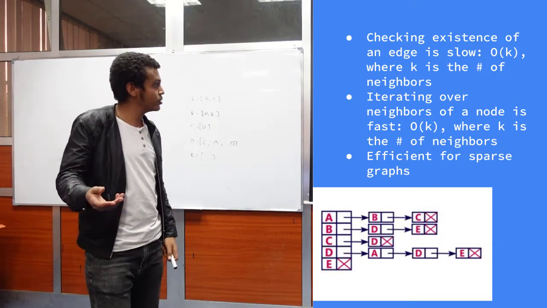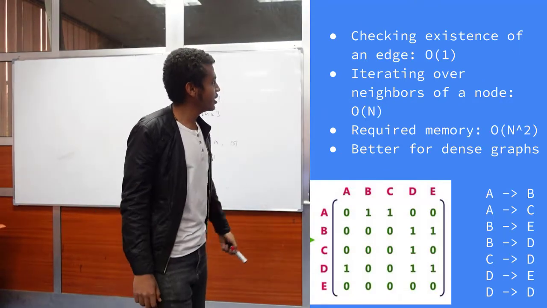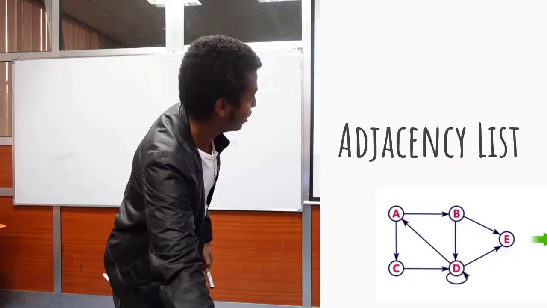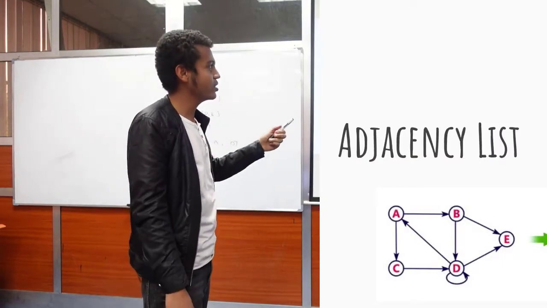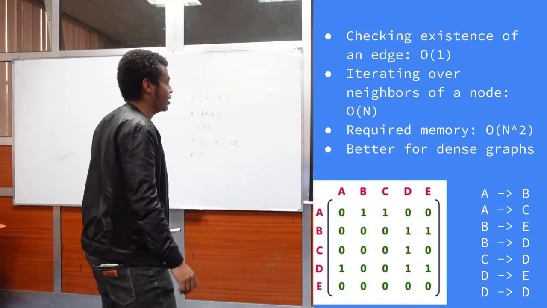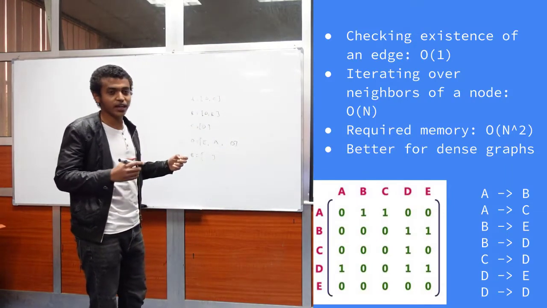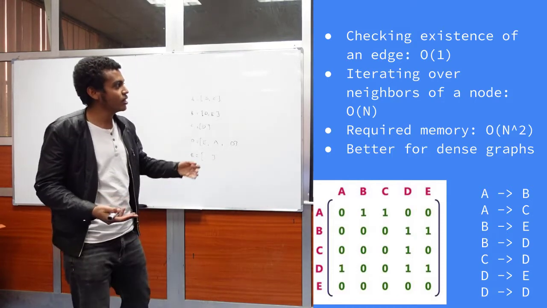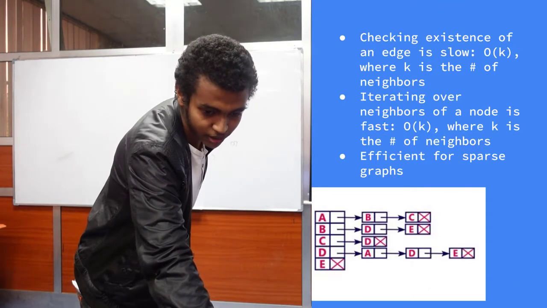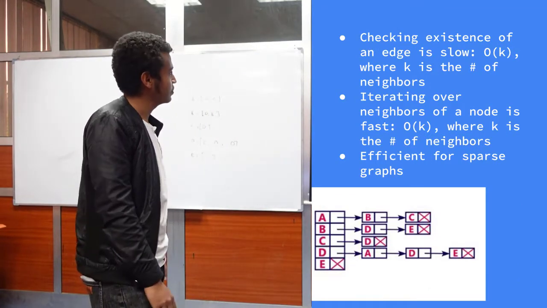Let's return to the thing that I skipped earlier. It says adjacency matrix is better for dense graphs, and adjacency list is efficient for sparse graphs. The reason they say it's like this is, what kind of operations is adjacency list good at?